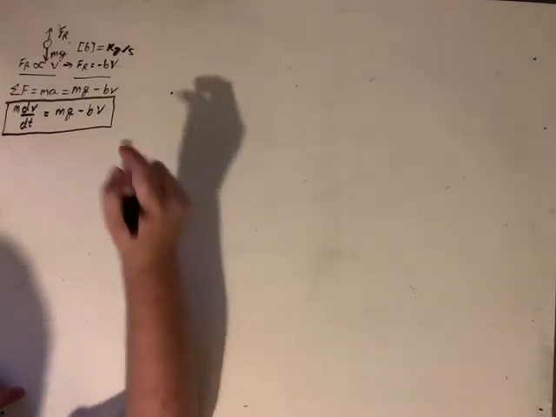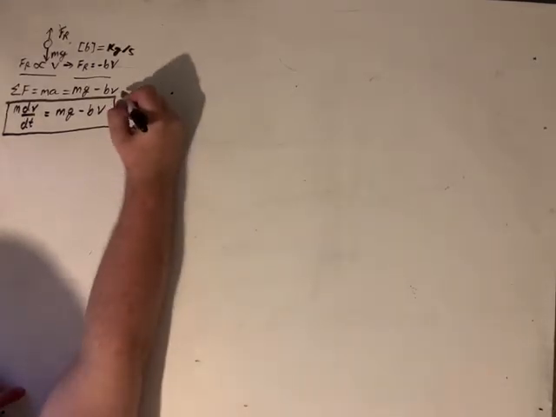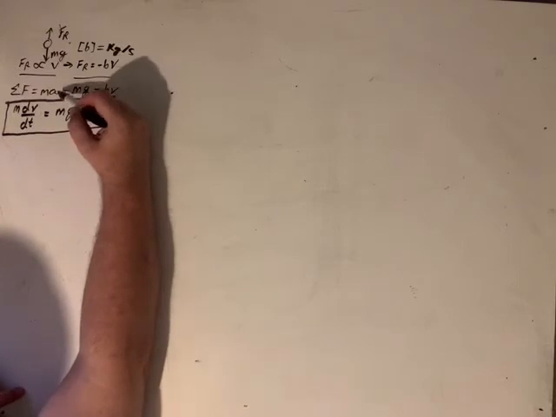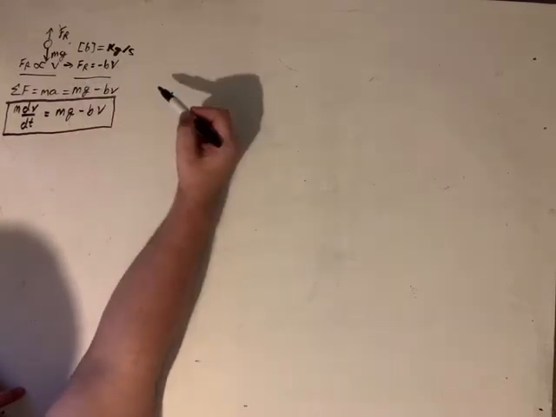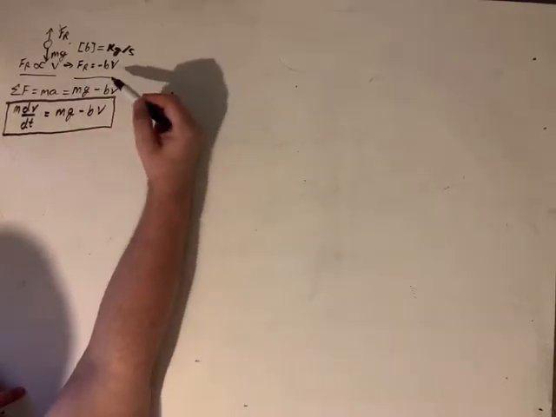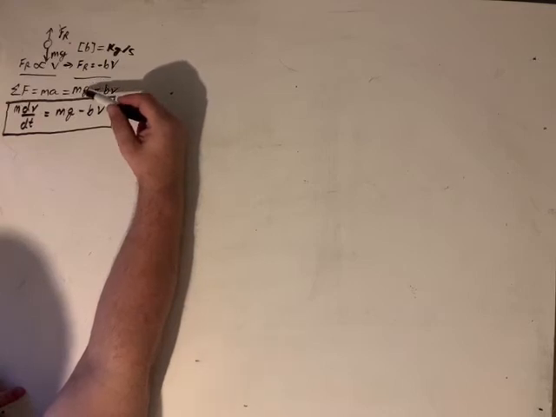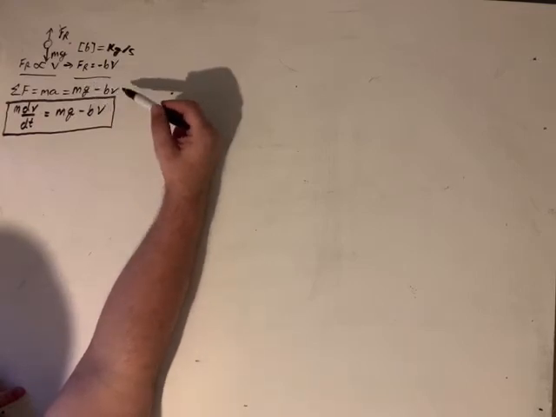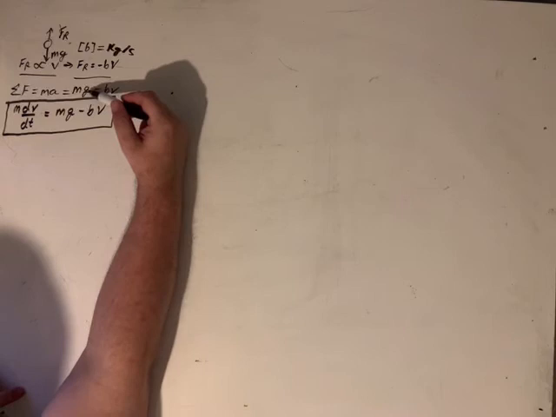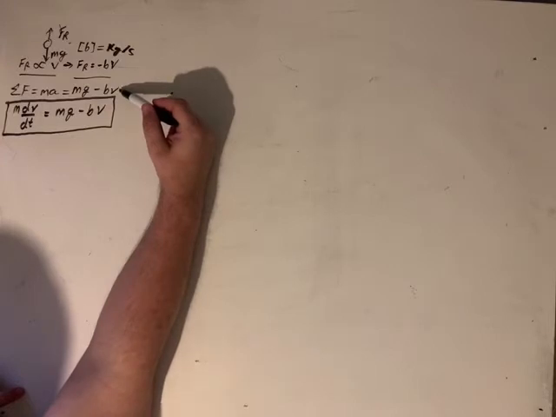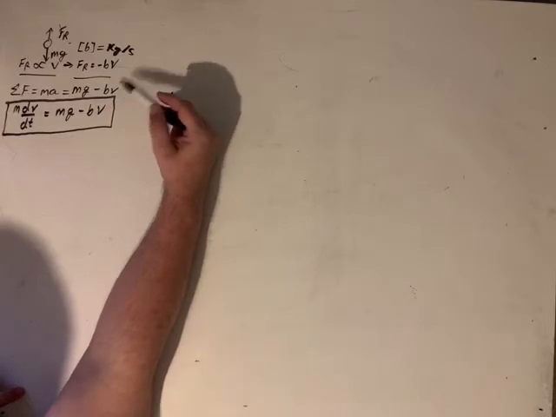Okay, before we do that, let's take a look real quick at one condition. What happens when the acceleration is zero? Now, we've all heard of terminal velocity, and that's when the object gets to a certain point and it stops accelerating, because at that point the force due to gravity is equal to the force of the air resistance.